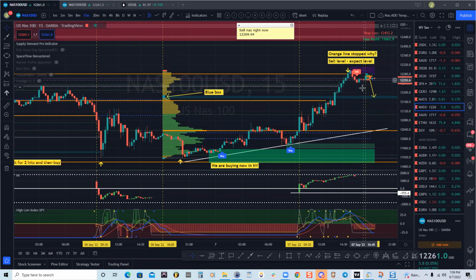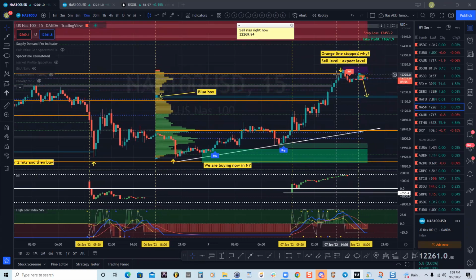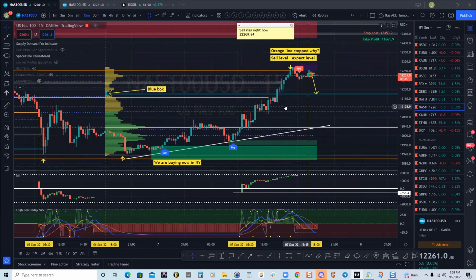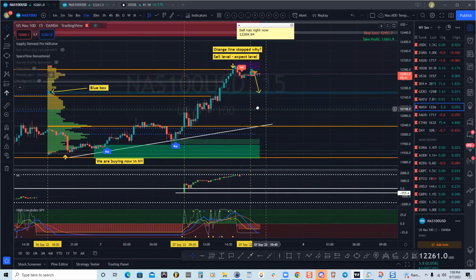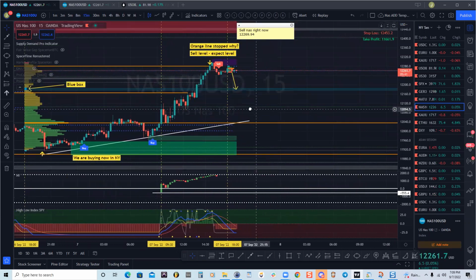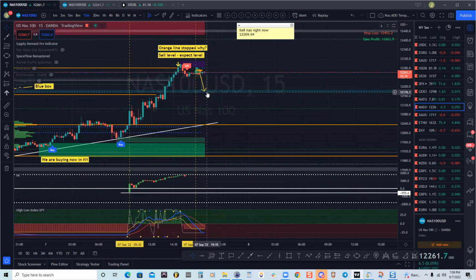But that may be based on POC, not this weak one. So this blue box got created from this line, this little blue box here. So it created this little blue box here, right? And the blue box goes all the way out, right? So this blue box has to have some significance.